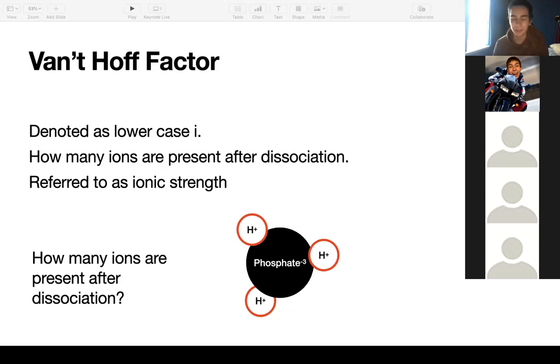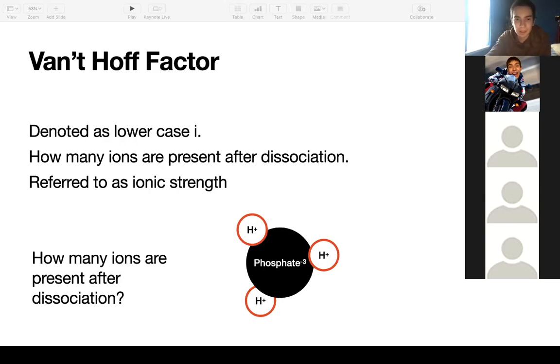I got a cool little animation here of H3PO4, phosphoric acid. And we know phosphoric acid, I'm pretty sure, is a strong acid, so it'll dissociate completely in water.